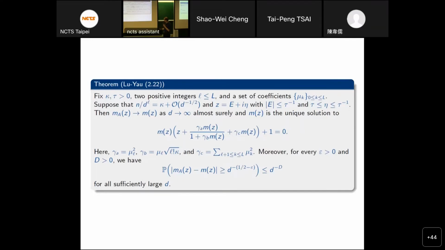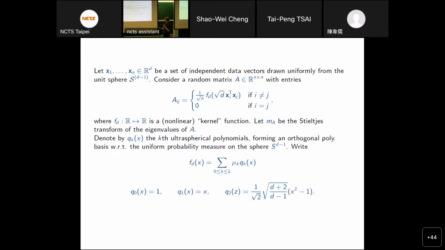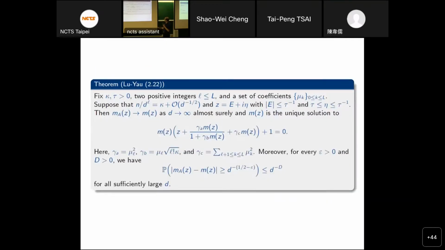Let me remind you, mu_L is the coefficient in front of the orthogonal polynomial in the expansion of this function, where k becomes L. Gamma B also depends on mu_L with a slight modification.